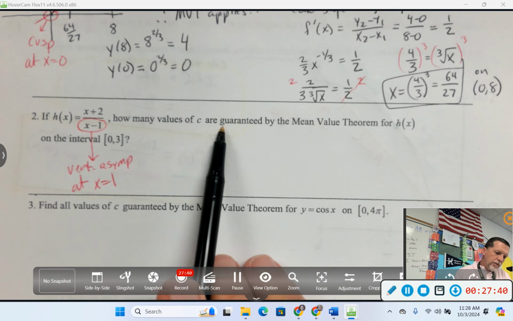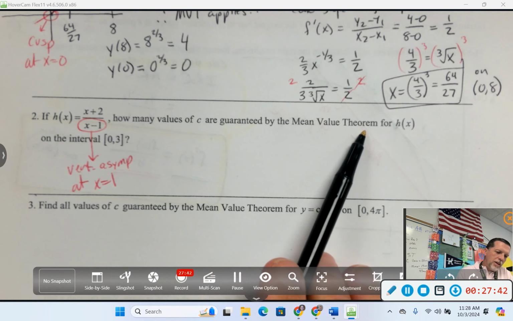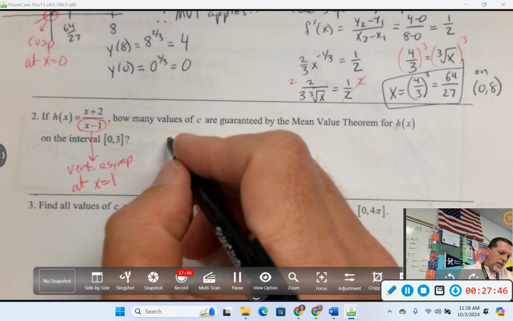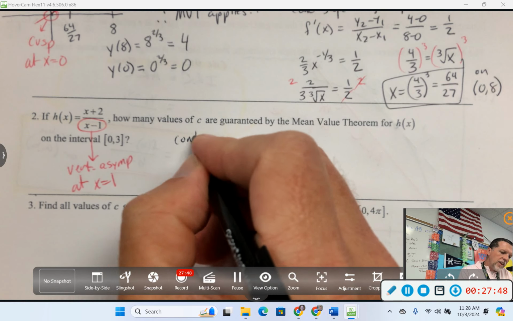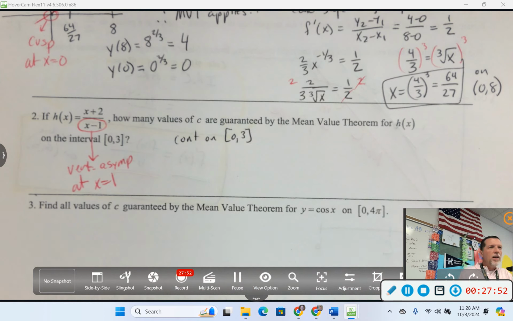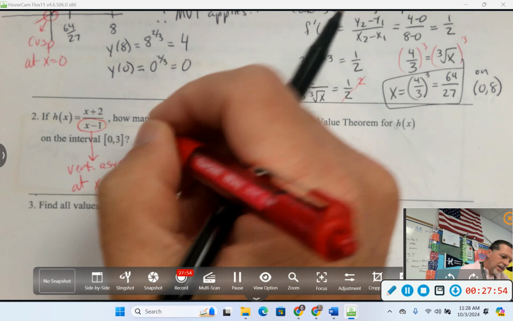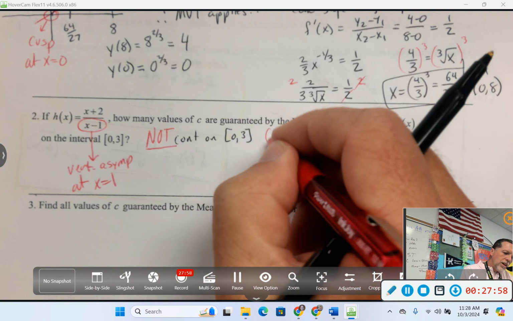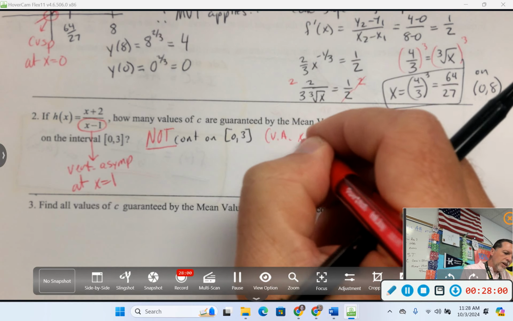How many values of c are guaranteed by the mean value theorem on the interval 0 to 3? Well, is this thing continuous on 0 to 3? No, it's not continuous on 0 to 3, because there's a vertical asymptote at x equals 1.